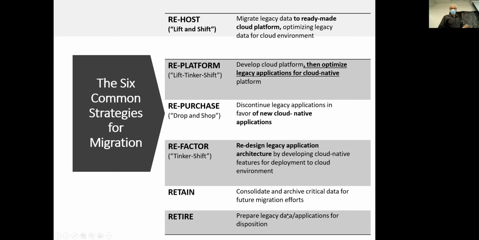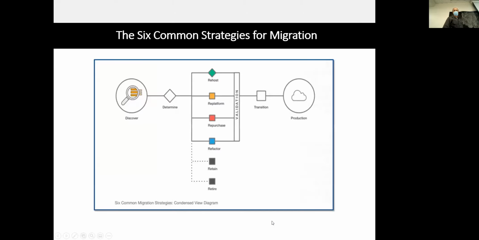And retire, prepare legacy data application for disposition, get rid of it. So here we create a backup, right? We keep everything, and then we would discard it. So we could rehost, we could re-platform, we could repurchase, we could refactor. These are our alternatives, right? From our legacy application. And then we do a transition to the cloud.